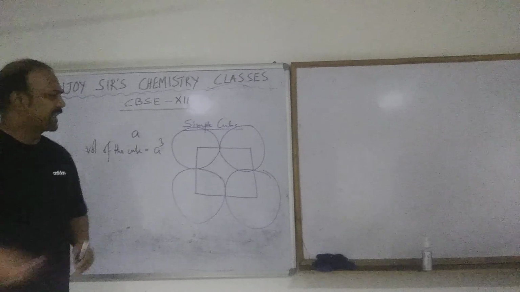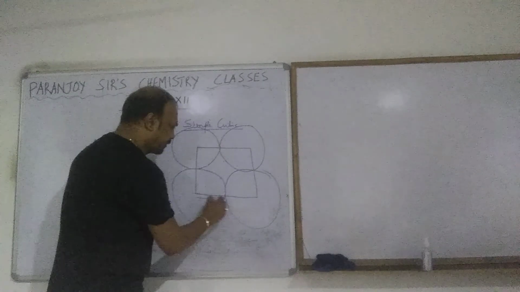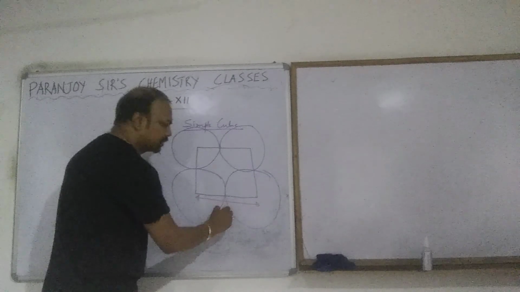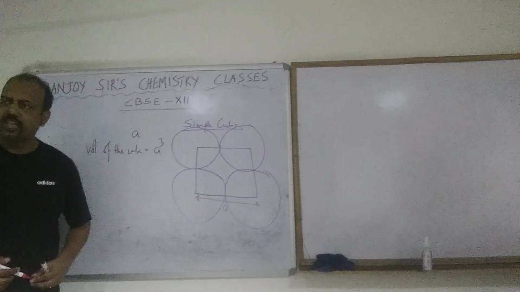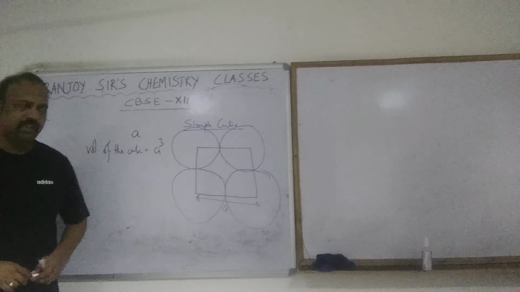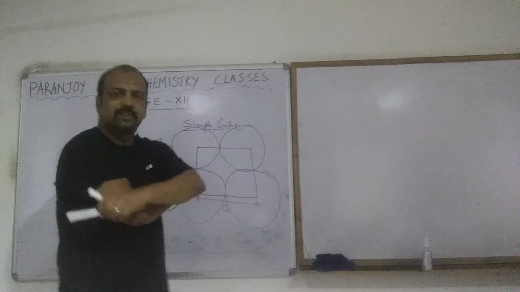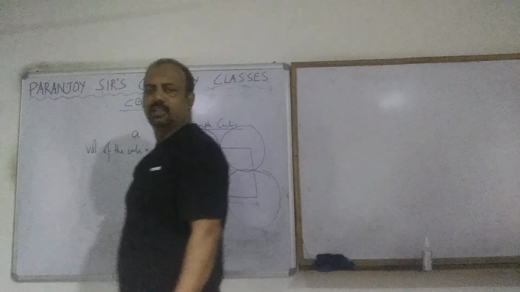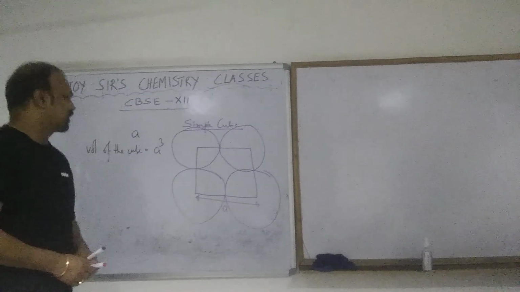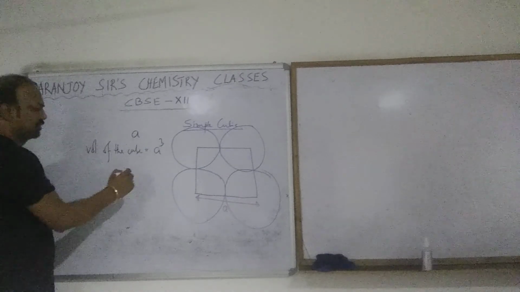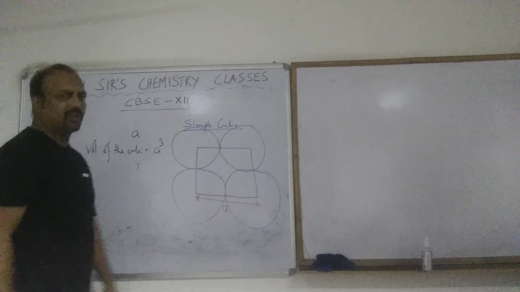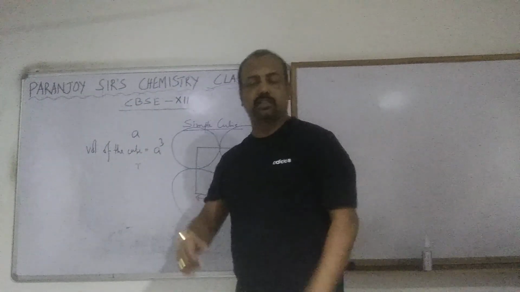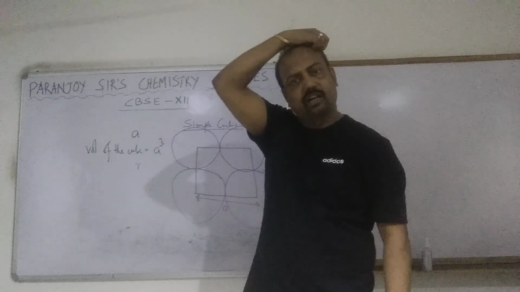What is a? This is a. Obviously cube. This is just one face of the cube. Let the radius of the sphere be r. Obviously this is a sphere. These are not circles. Radius of the sphere be r.